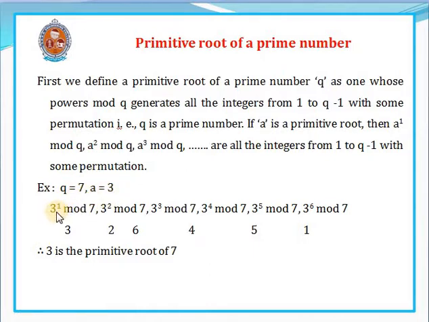Then 3 power 1 mod 7, 3 power 2 mod 7, 3 power 3 mod 7, 3 power 4 mod 7, 3 power 5 mod 7, 3 power 6 mod 7 will become the integers 3, 2, 6, 4, 5, 1 respectively, and all these are integers between 1 and Q minus 1, and so 3 becomes the primitive root of 7.